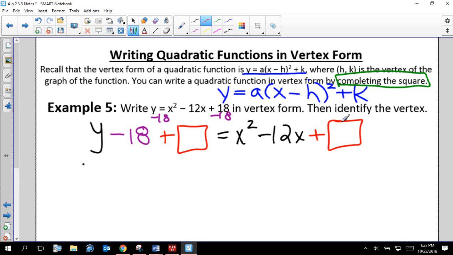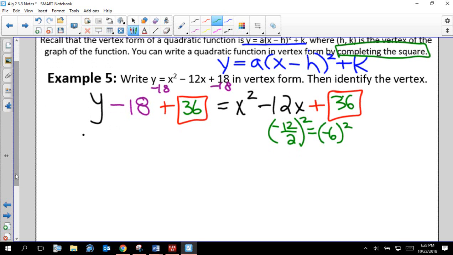Now I'm going to complete the square with the side that has the x squared minus 12x on it. I'm going to take negative 12, divide by 2, and square it. Negative 6 squared is 36. Why do I not have a fluffy cloud? Because the x squared doesn't have a number in front of it. It's only when there's a number in front other than 1. So we're going to put 36 on both sides.